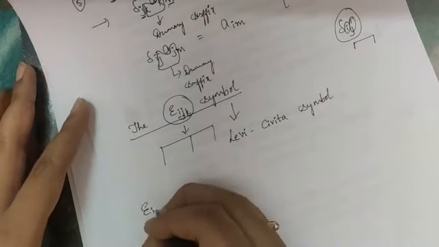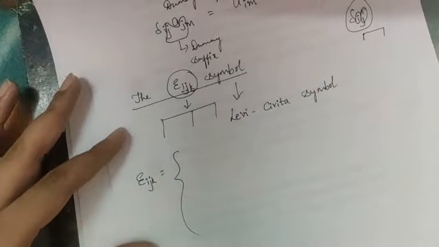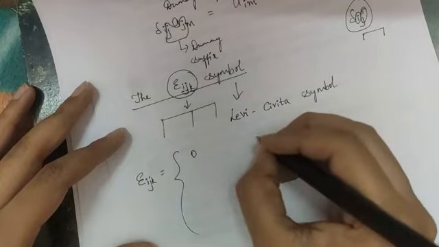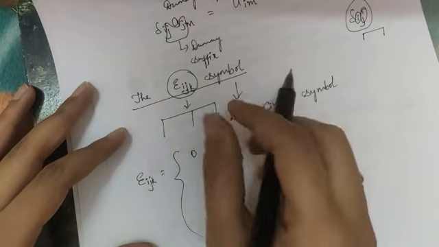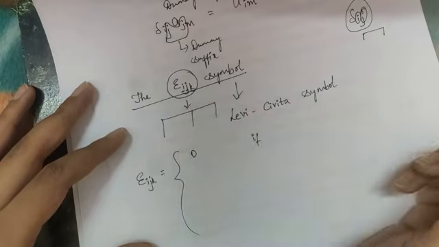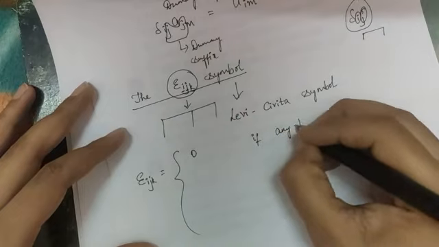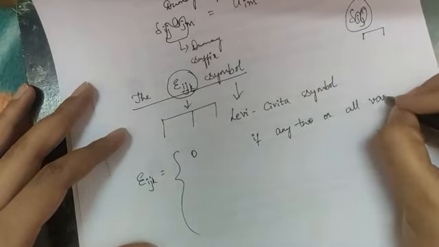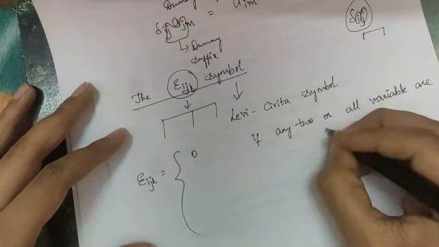So epsilon ijk will be defined as follows. It will take the value 0 if in these three values any two or all variables are equal.